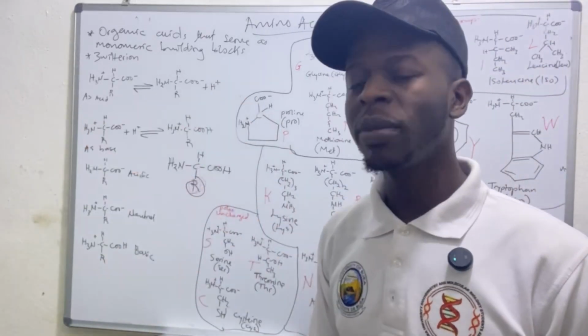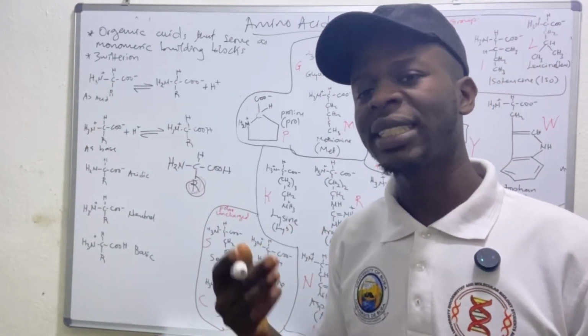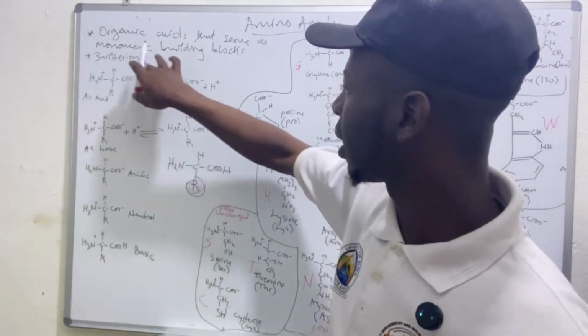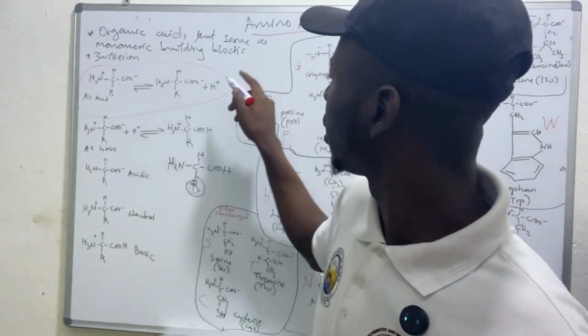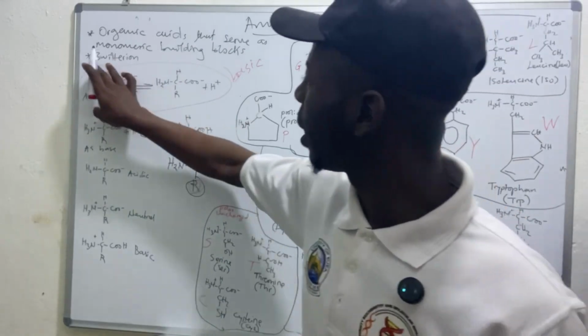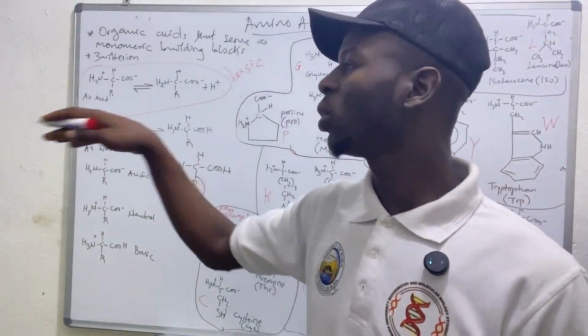In a basic environment, they can act as acids, while in an acidic environment, they will act as bases because they are zwitterions. Now, for instance, let's assume that this environment here is a basic environment. This amino acid is going to act as an acid in this basic environment by doing what? By donating a proton.